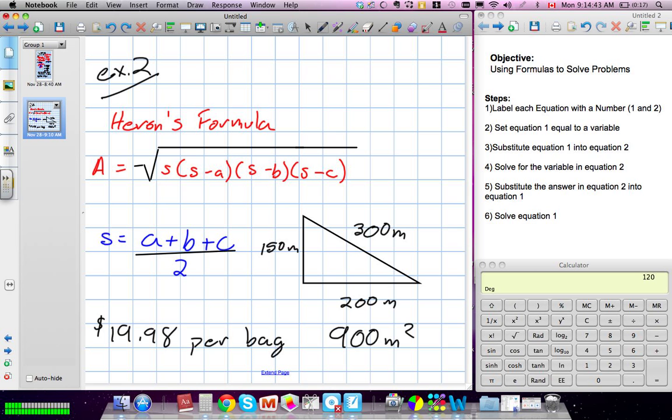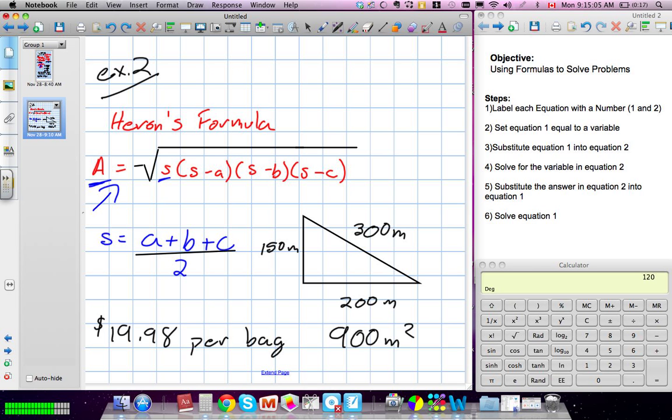The area of a triangle with sides A, B, C is given. So first of all, we have our Heron's formula. Area is equal to the square root of S times S minus A, S minus B, S minus C.